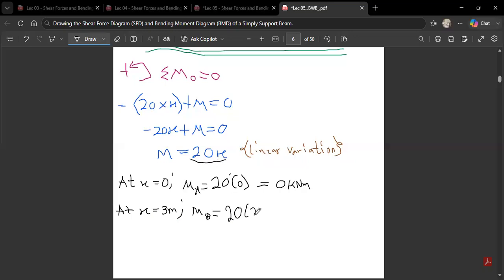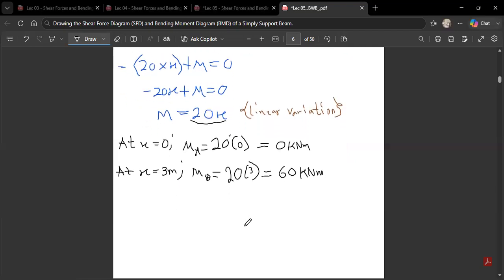So 20 times 3 is what? That is going to give us 60 kilonewton meter. So that is it.